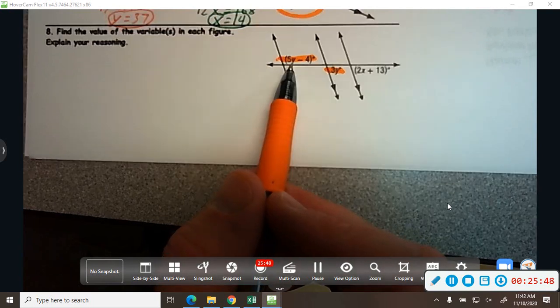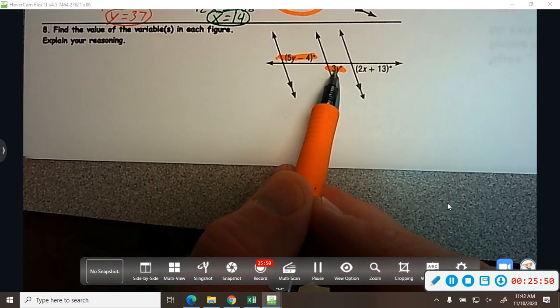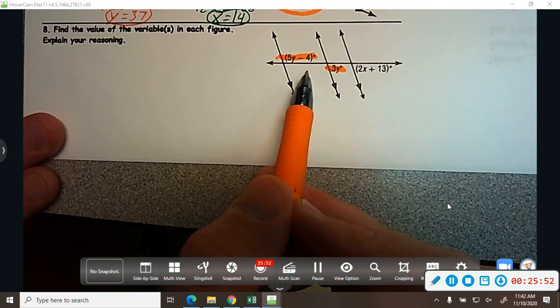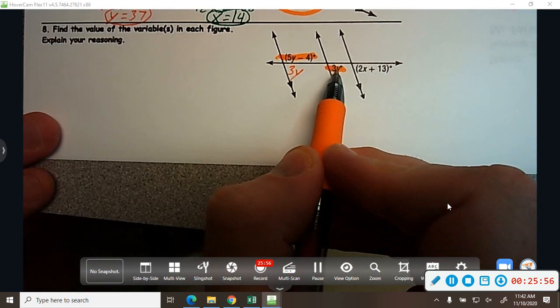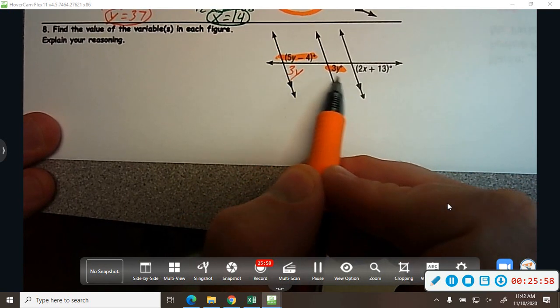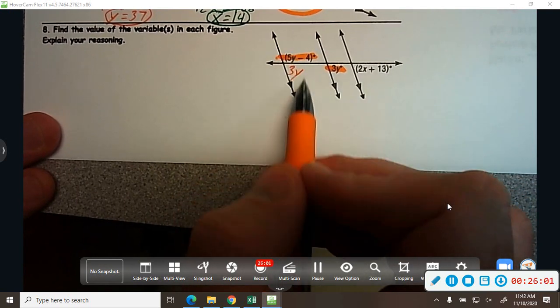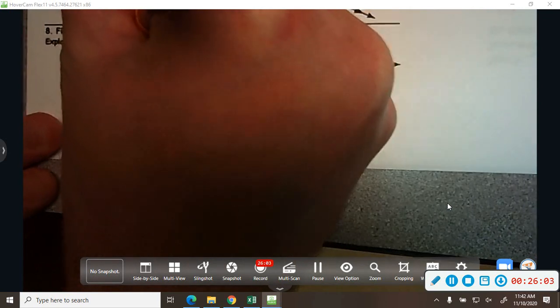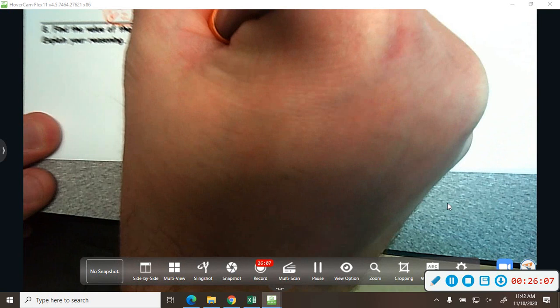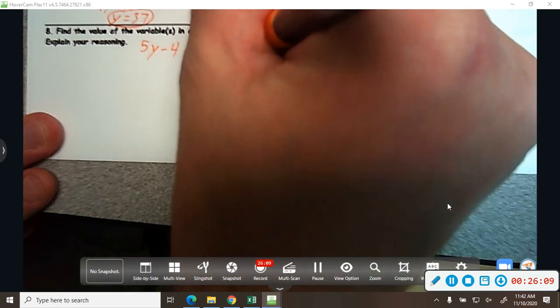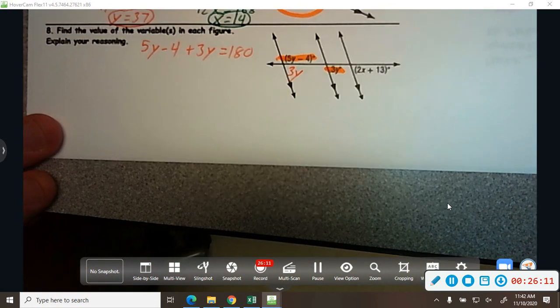But I do know that if this is 3y, then that would be 3y, because they're corresponding. And then I know that this plus this is 180. Now I know 5y minus 4 plus 3y is 180. And that's how I'm going to find my y value.